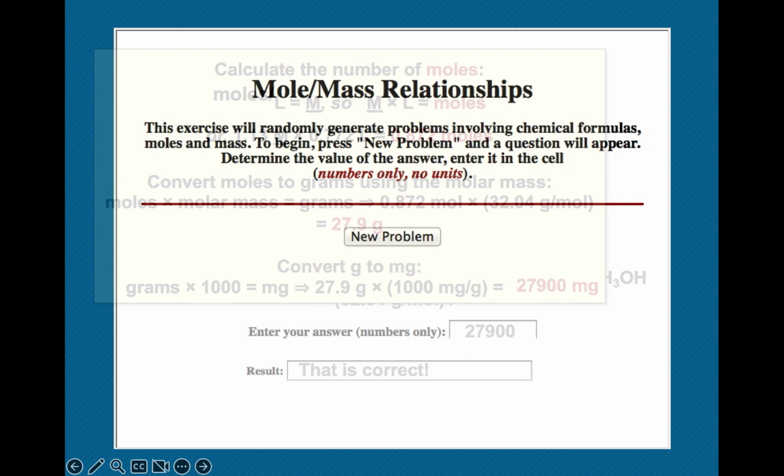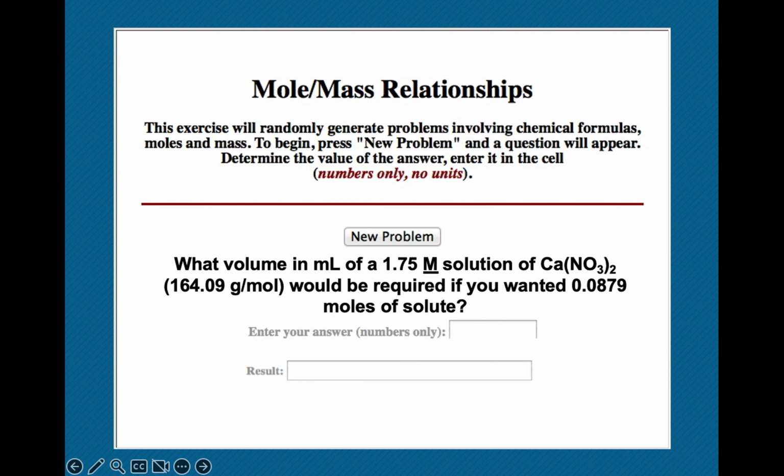All right, one more. Volume in mL, 1.75 molar calcium nitrate, and we want 0.0879 moles of solute. So, looking for volume again.